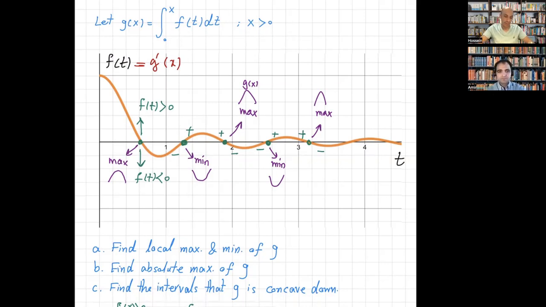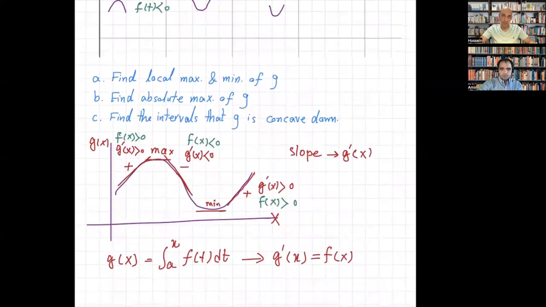Okay. Just to remind everybody what we did last week. We had a function g of x in terms of f of x defined on the first line, and part A was to find local max and local min.